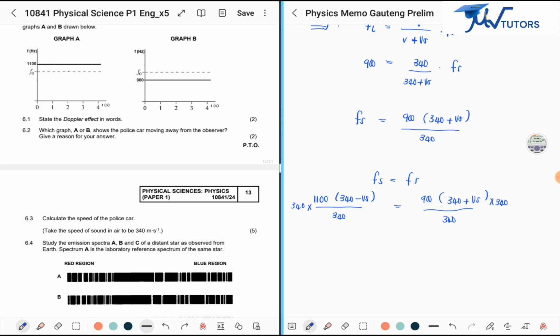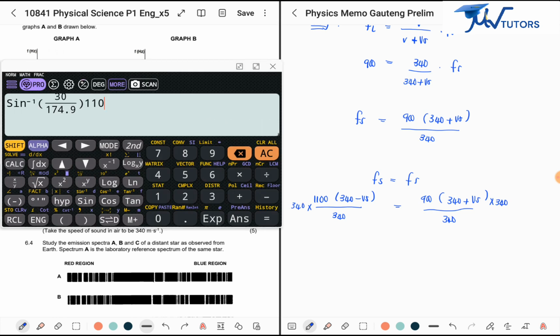Now what is 1,100 multiplied by 340? I have 374,000 minus 1,100 times the speed of the police. And then we have 900 multiplied by 340, which is 306,000, plus 900 times the speed.